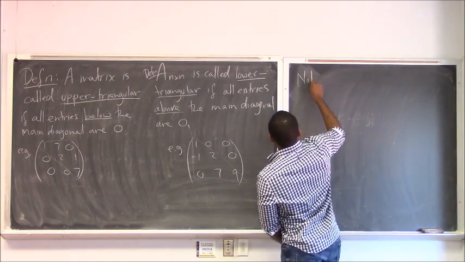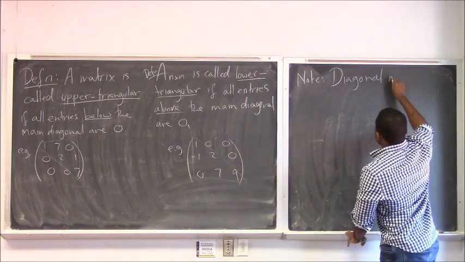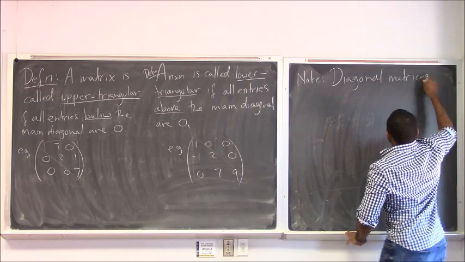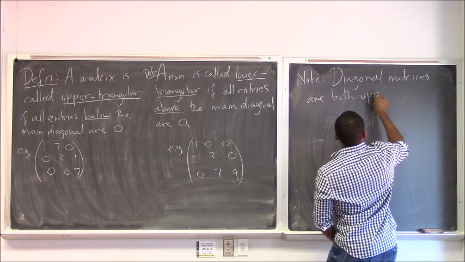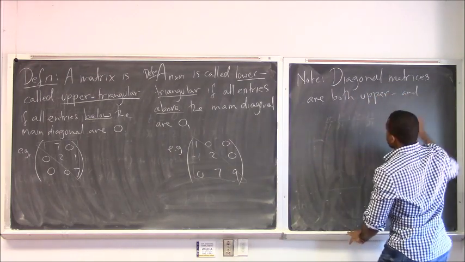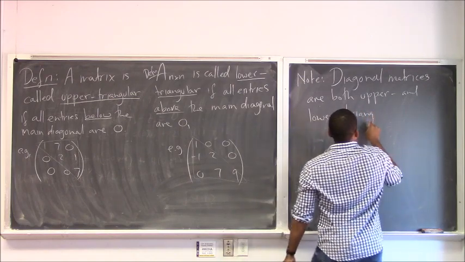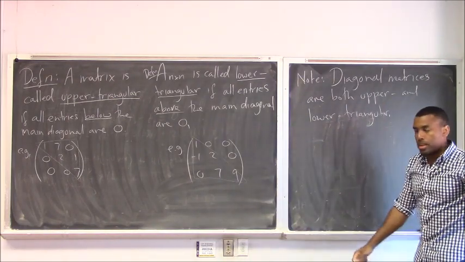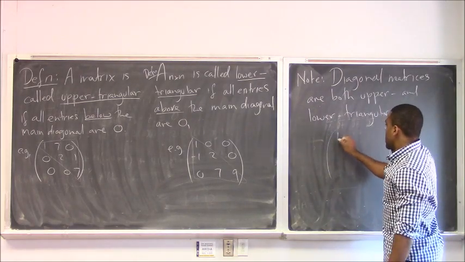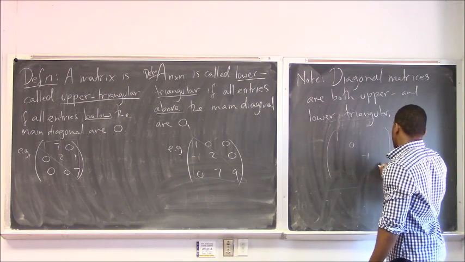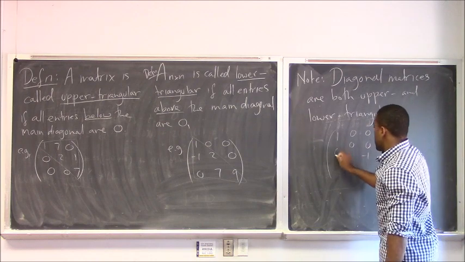One thing I want you to note: diagonal matrices are both upper and lower triangular. That follows from the definition of what a diagonal matrix is. Those are the ones where the only non-zero entries show up on the main diagonal.